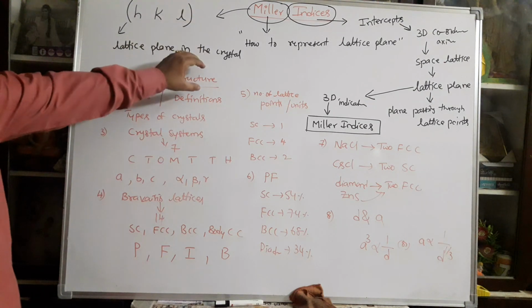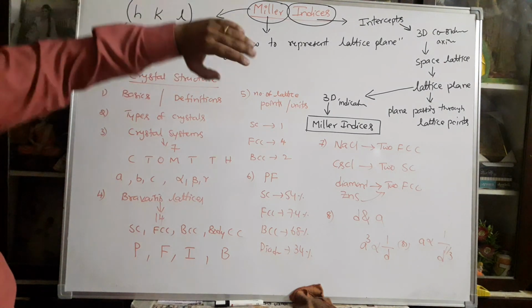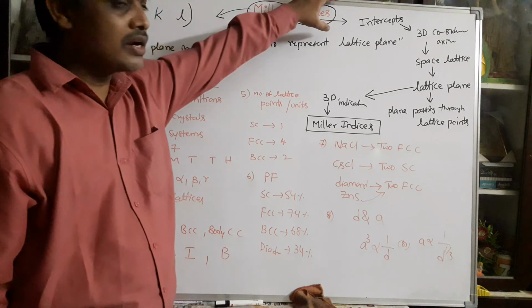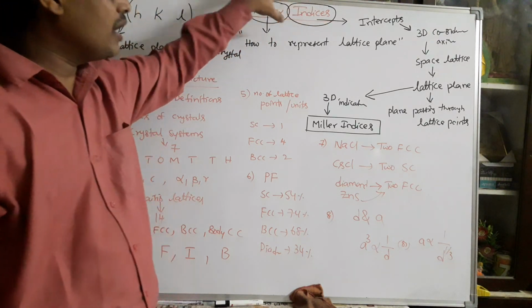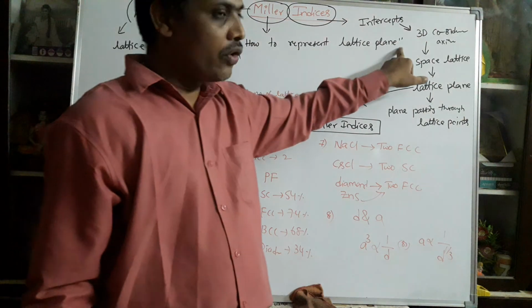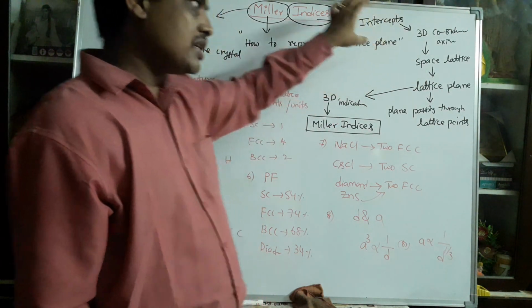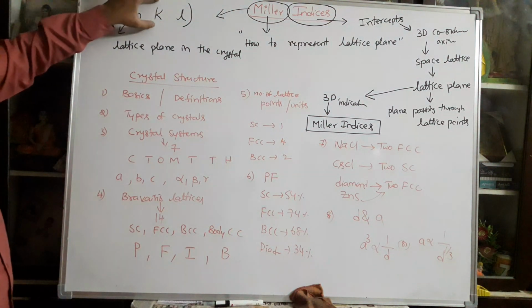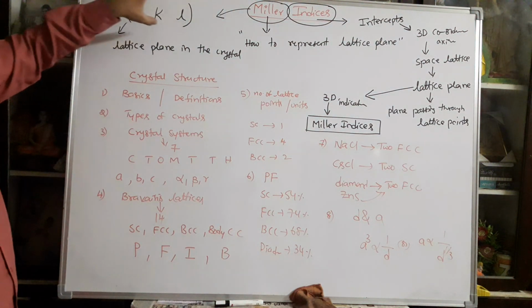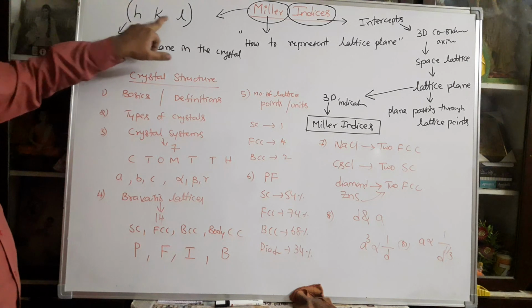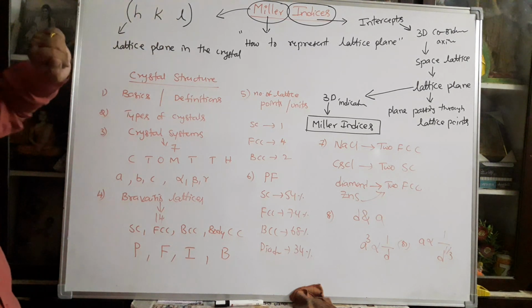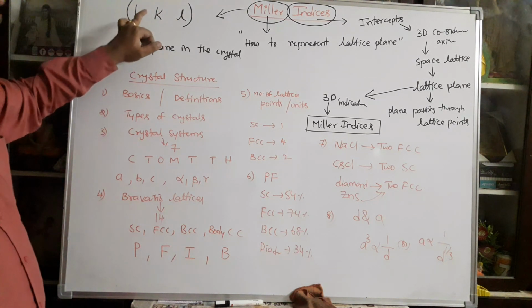After completion of crystal structure, we are going to another topic, which is called Miller indices. Miller indices mainly indicate the lattice planes in three dimensions. So Miller indices are indicated by the letters h, k, l. Particularly, these are small letters. In between the letters there is no need for commas or colons or anything.